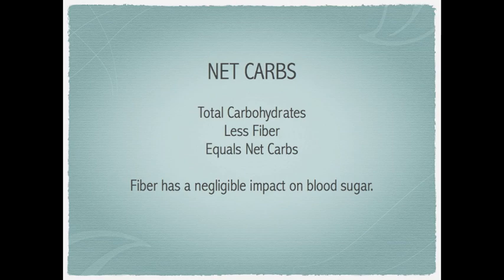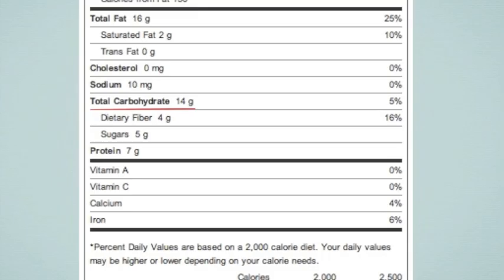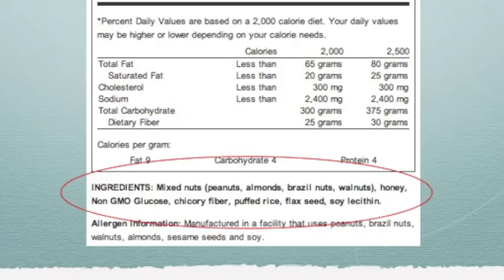And that's really what we want to be paying attention to. That's the carbs that have an effect on your blood glucose levels. So on the kind bar, you'll see there's 14 grams of carbohydrates, and 4 of those come from fiber. So that gives us 10 grams of net carbs.